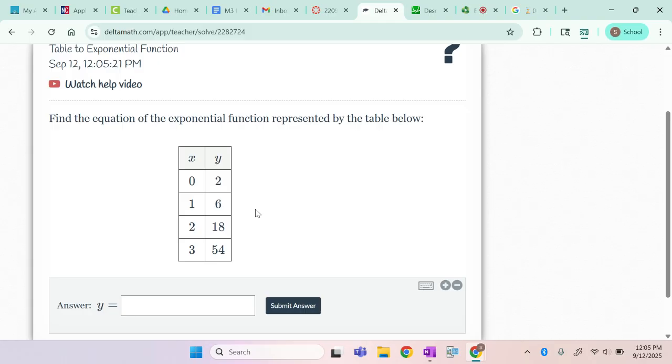That is when A is your y-intercept and B is what we call our common ratio. Essentially, the common ratio is, if we're looking at the table, what we are multiplying to get from one y value to the next.